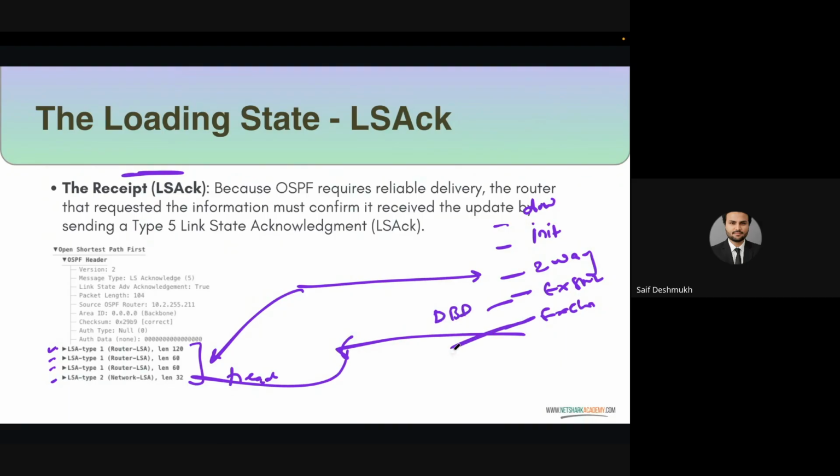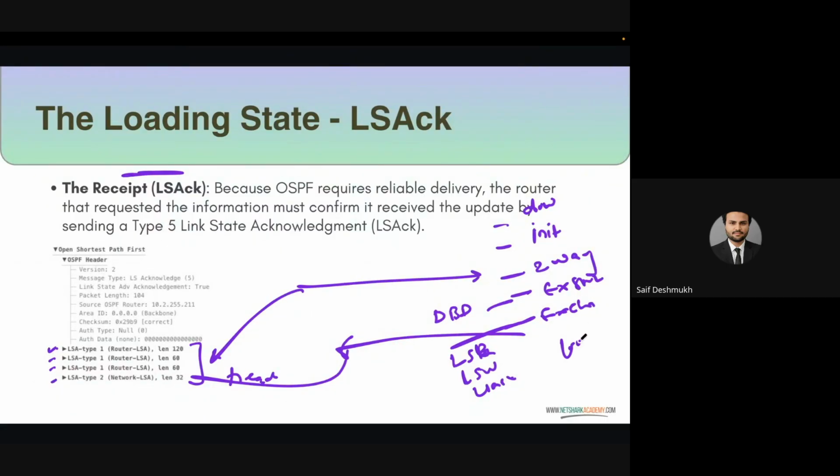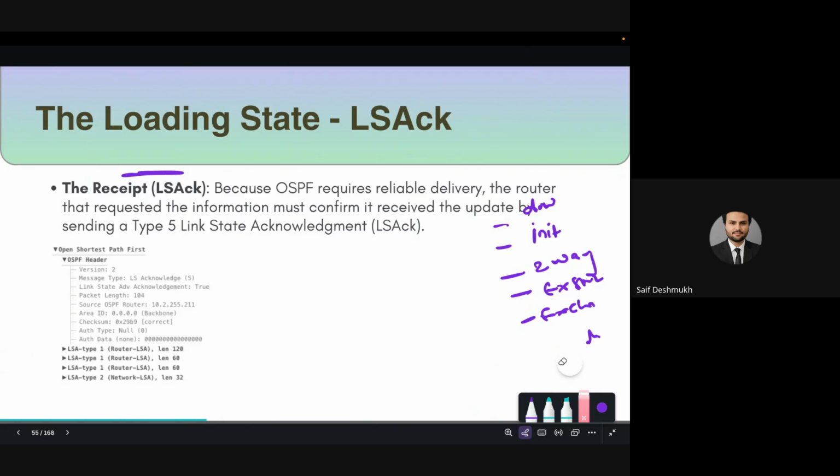In Exchange, three packets are exchanged: LSR, link state request, link state update, and link state acknowledgement. Lastly, we have Loading and Full. Did I say it correctly or wrong? Anybody can correct me if I said something wrong.